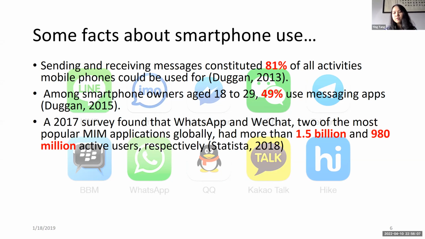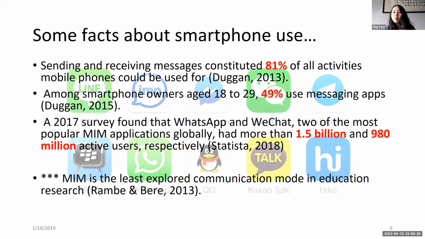So considering the use of mobile instant messaging and the scary role of it in education, my motivation was to investigate whether teachers could use it for education, and if so, how we can make full use of it to promote education instead of being scared of it and trying to forbid our students from using it in the classroom.